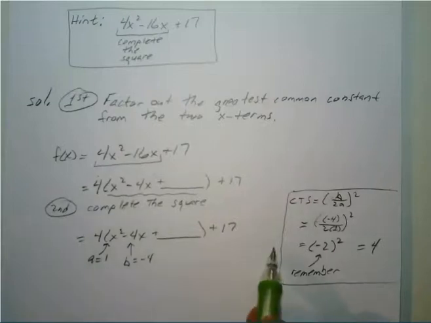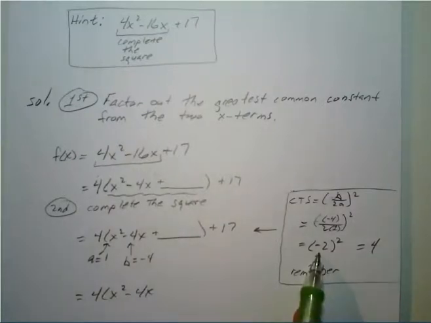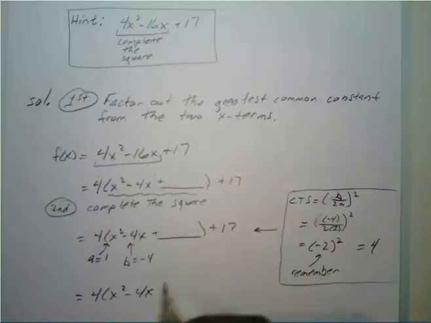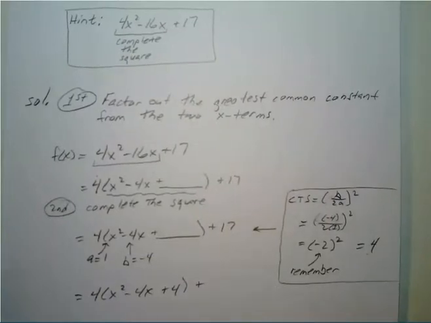Okay, so going back here, that's equal to 4 times x squared minus 4x plus 4, plus, okay, now remember here, we added 4 inside of here.